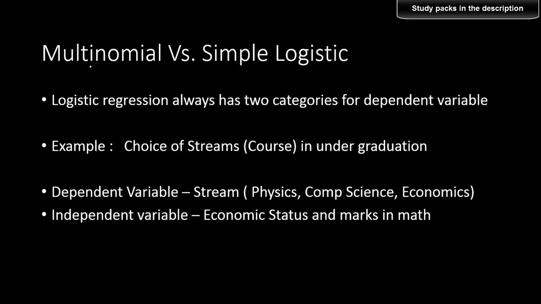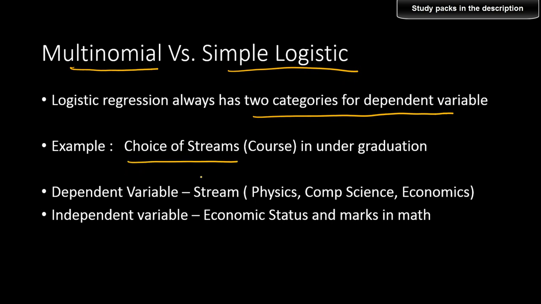Now let's compare how multinomial logistic regression is different from simple logistic regression theoretically. Unlike logistic regression, which has two categories for the dependent variable, the multinomial will have more than two categories. One example that we will take for this demonstration is the choice of streams, or choice of undergraduate course in college.